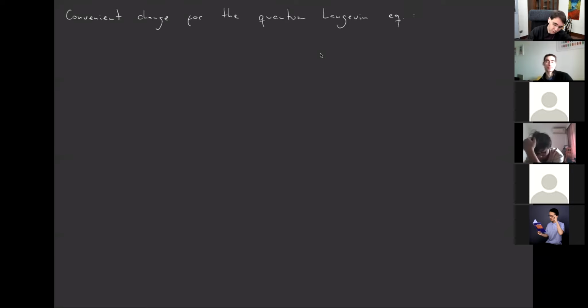And the convenient change is that instead of talking about the input operator B, we are going to define a new input operator A, in which we have explicitly already discounted the expectation value, okay?